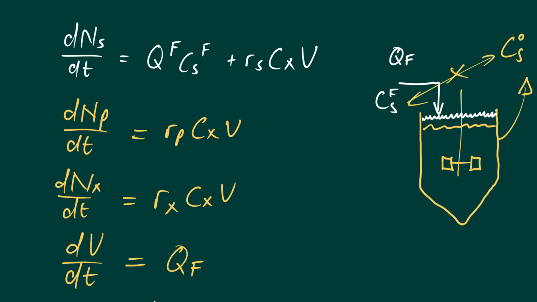So the assumption is that we are working at constant density, and we now have four equations. We have the three mole balances, and then we have the fourth, the volume balance. So these four equations are the ones that we want to integrate.